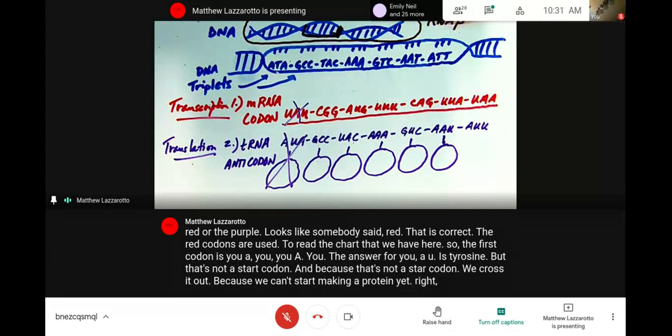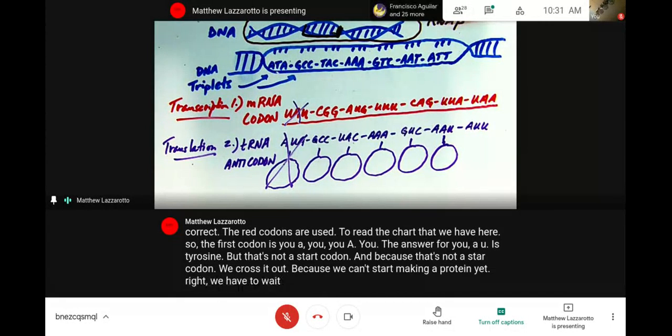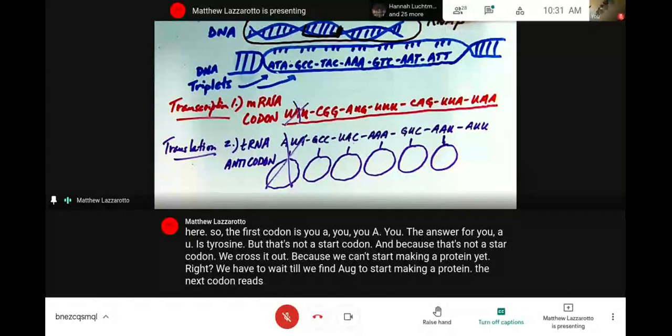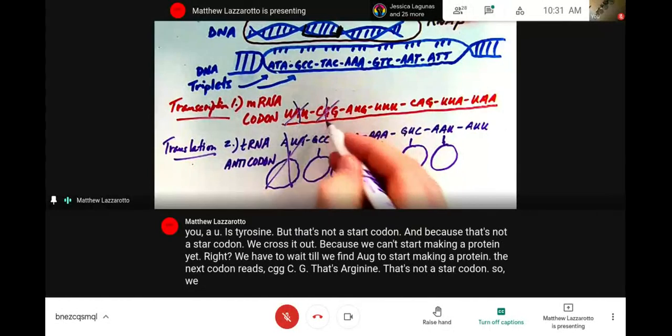We have to wait till we find AUG to start making a protein. The next codon reads CGG. That's arginine. That's not a start codon, so we get to cancel that one out.